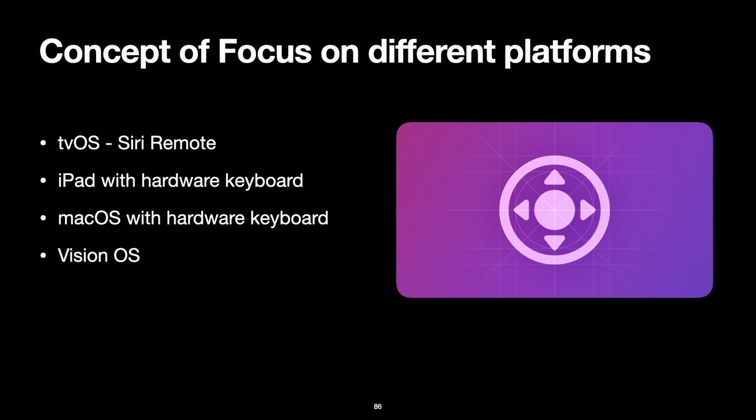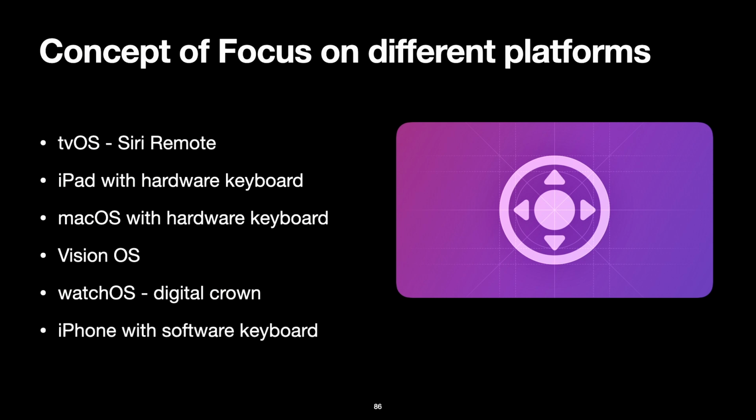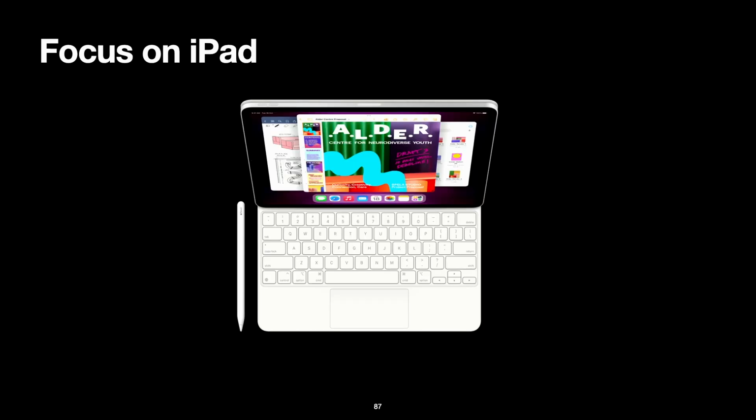The same concepts apply on visionOS as well. And watchOS, Digital Crown, same thing. There is not a lot of screen on your watches, so focus plays a pretty important role. And of course, iPhones with software keyboards, we already saw this. Whenever they receive any kind of input, they are the ones that have received focus.